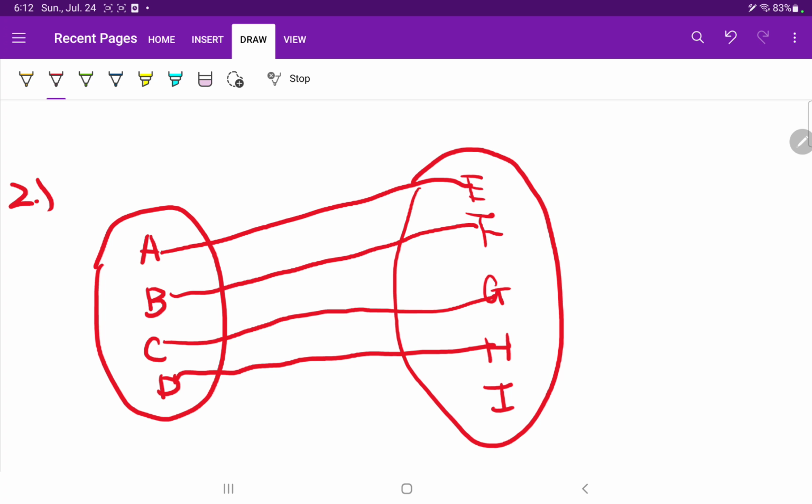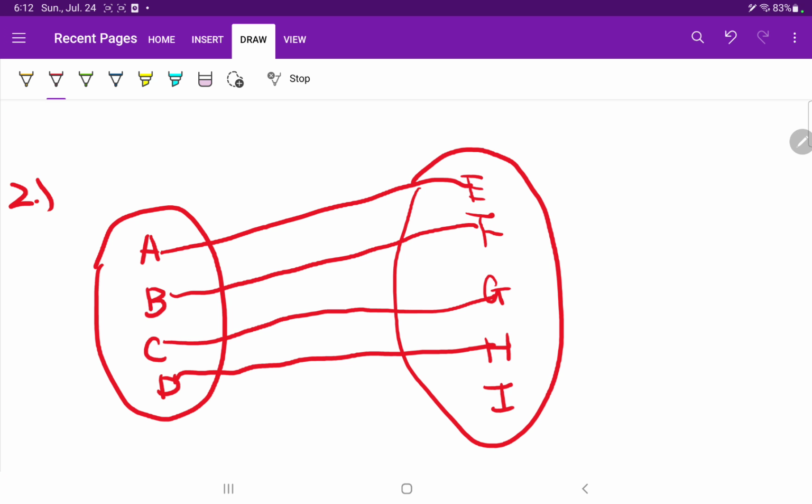But it's not surjective because there's an I, inside of the codomain, so it is an element of our codomain, but it doesn't have a corresponding element x in our domain. So therefore, it's not surjective.